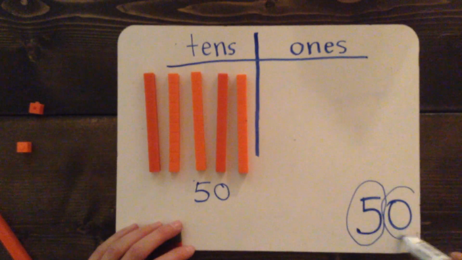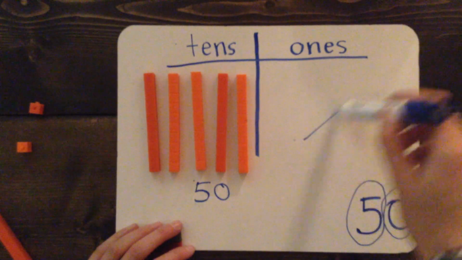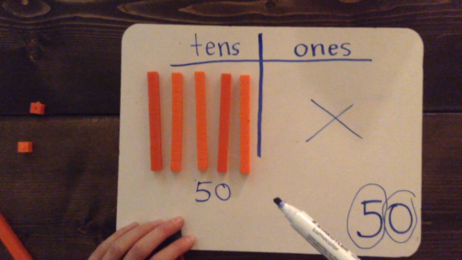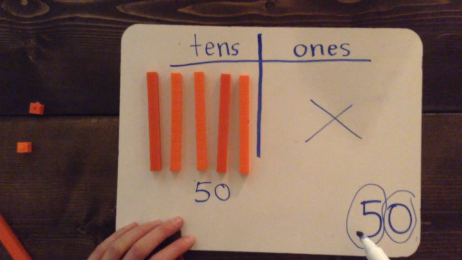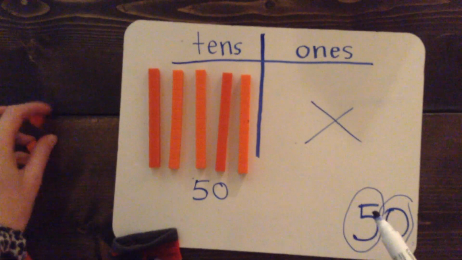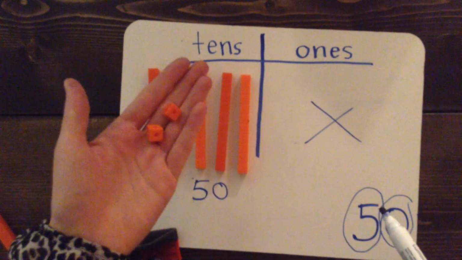And if you look at the second digit, we don't need any ones. We've just made 50 by using tens on their own. 5 groups of 10 is the same thing as 50. This 5 does not actually mean 5.